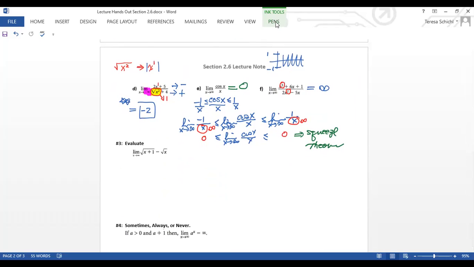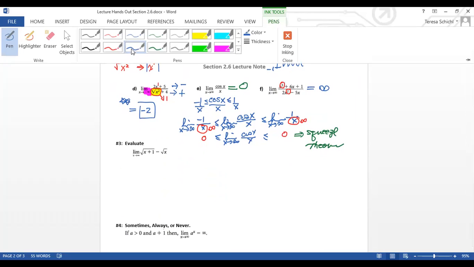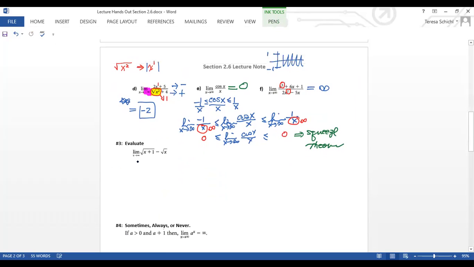So we said, all right, so now in here, I have limit x approaches infinity of the square root of x plus 1 minus the square root of x here. So when you put the infinity here, infinity plus 1 is infinity. So what I have here is infinity minus infinity, right?